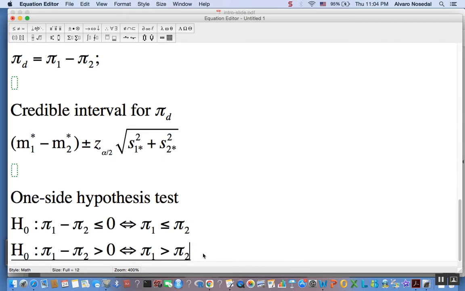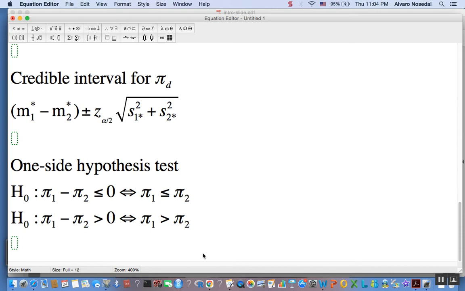Okay, so that's an example of a one-sided hypothesis test, and the way that you would go about it is just what you would do if you had a single parameter. Step 1, you state your hypothesis.